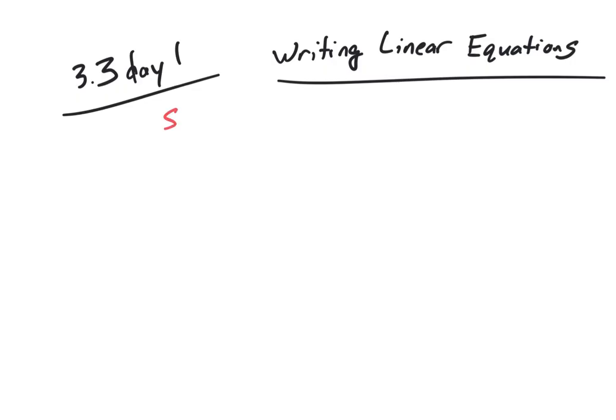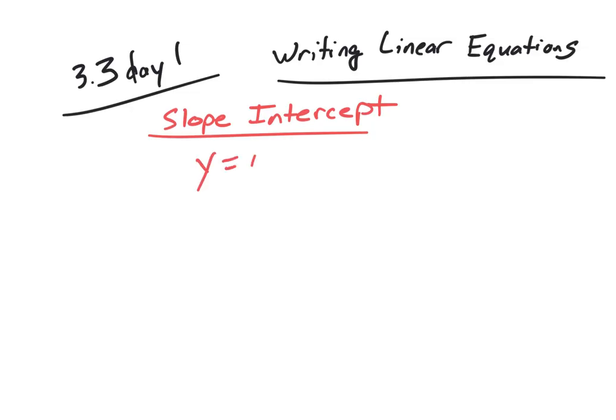Okay, the one that we have seen a lot so far in this chapter, the first two lessons that we covered last week, is slope intercept form. And we said M always represents the slope, B always represents the y-intercept.